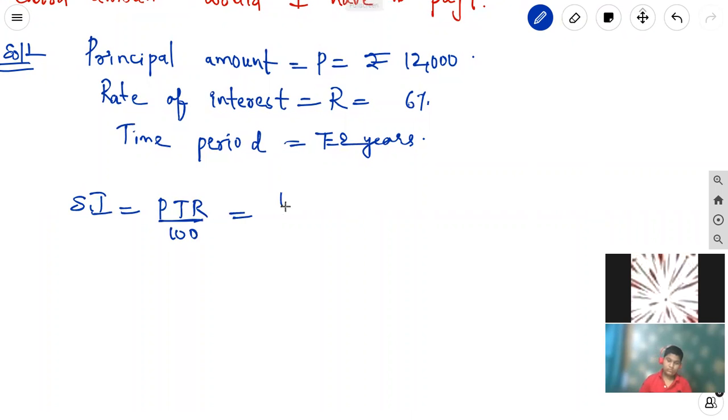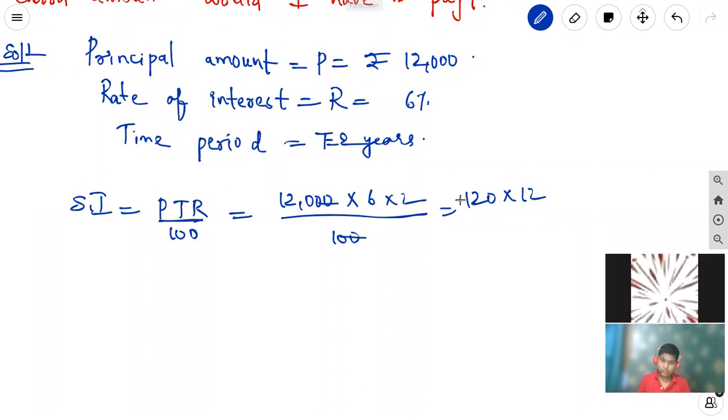That is equal to 12,000 into 6 into 2 by 100. 2 zeros and 2 zeros cancel, 6 twos are 12, so 120 into 12 rupees. That is 1,440 rupees is the interest amount for simple.